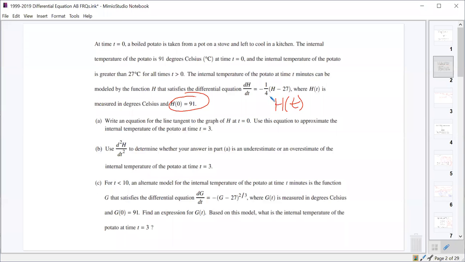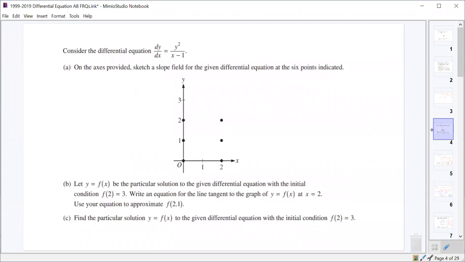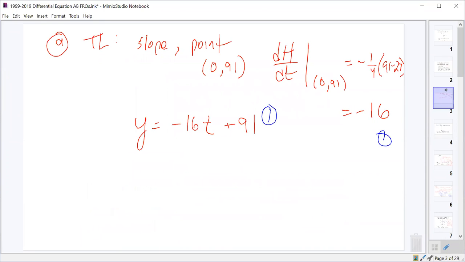So when we write the equation of the tangent line, we write it as y equals whatever. Normally, we let y equals f of x be our particular solution, and we write the tangent line as y equals, and not f of x equals. So if you wrote it as h equals, that's probably fine, but it's preferable to use y, and also use t.